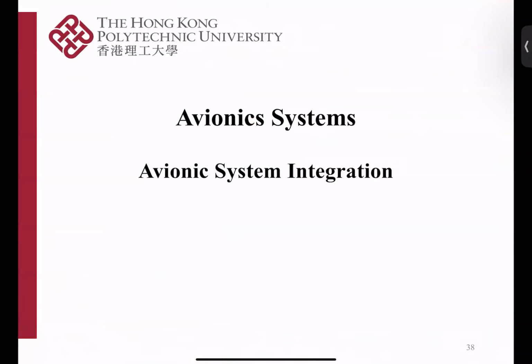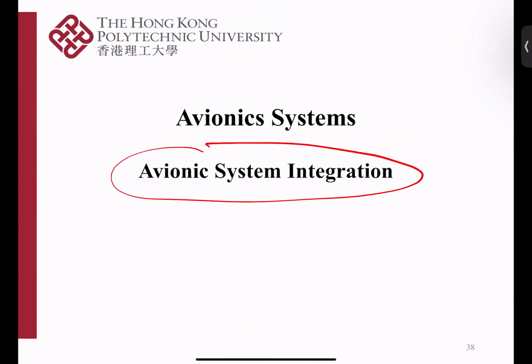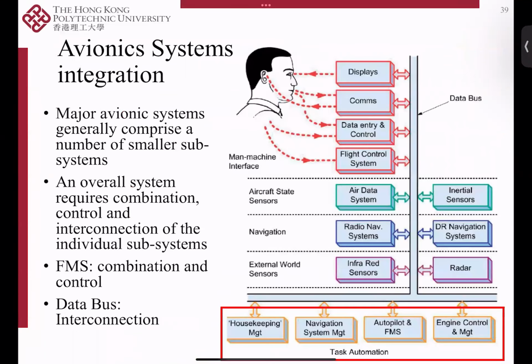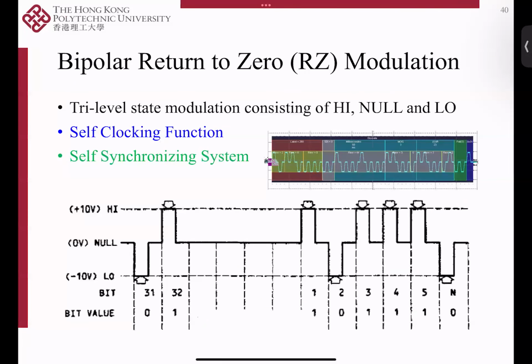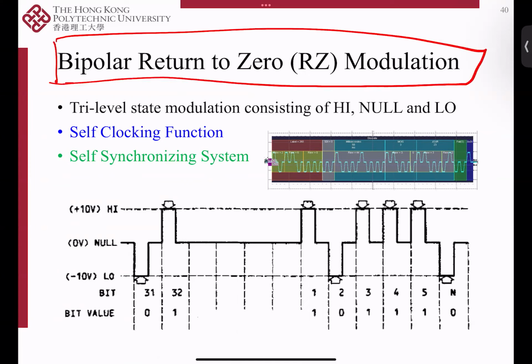In the last lecture of our subject, we talked about avionics system integration. In this part, we mainly talk about how to read data using the format of ARINC 429. They encode using this kind of signal property, bipolar return to 0, which always returns to 0 to indicate any of the signal.